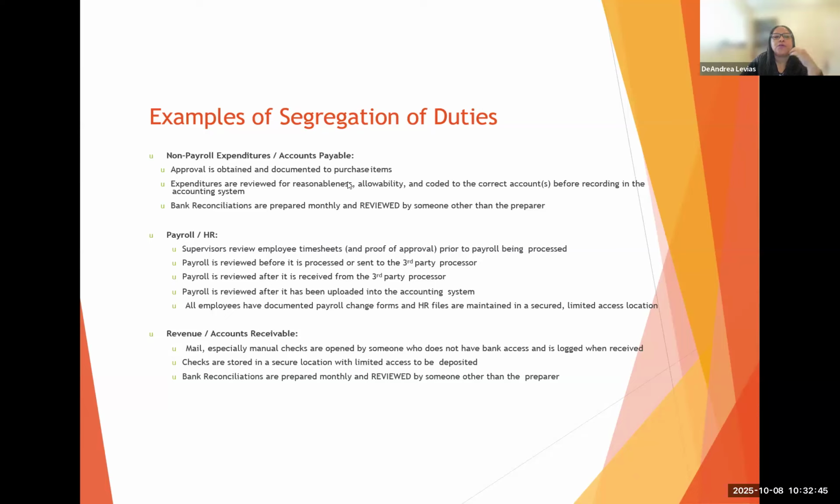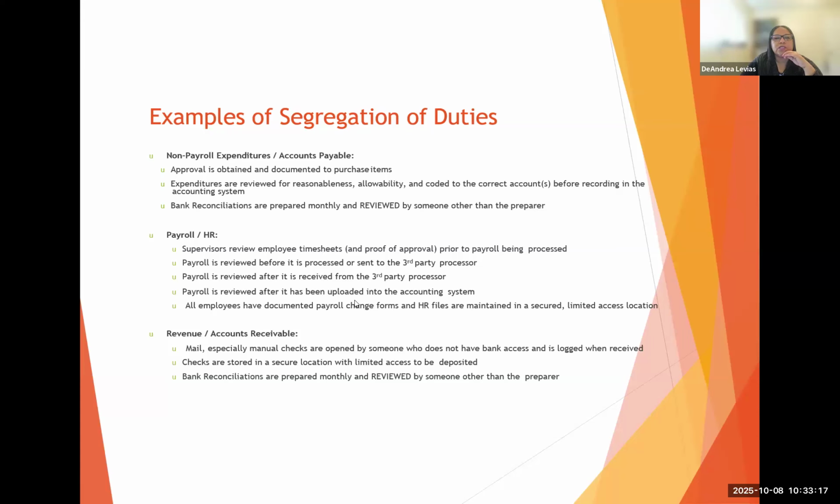So a pre-approval that is reasonable and allowable per whatever your contract is. And then bank reconciliations are prepared monthly and then reviewed by someone other than the preparer. That's something I didn't mention. So it's not just enough to do the bank statement. I mean, the bank reconciliations or the credit card reconciliations, they then should be reviewed by someone other than the person that prepared them.